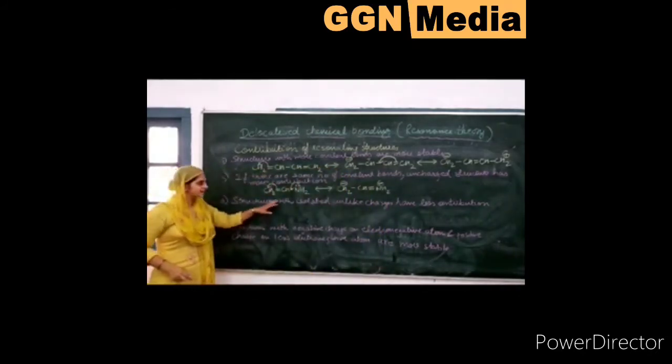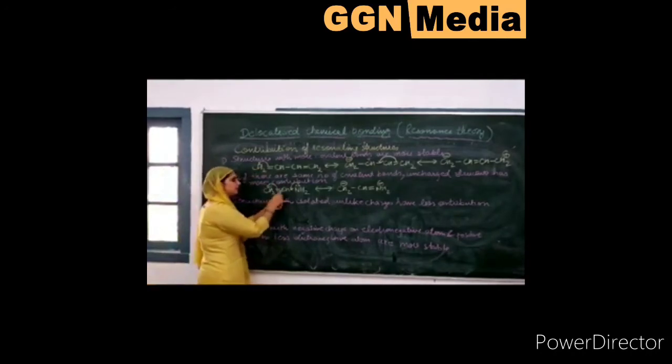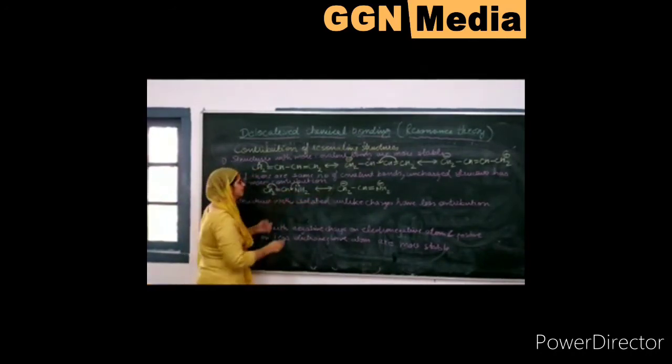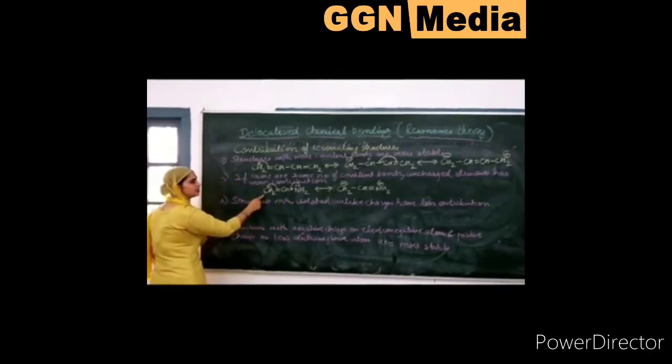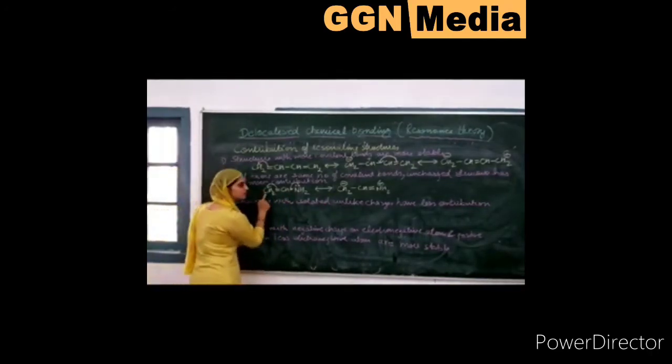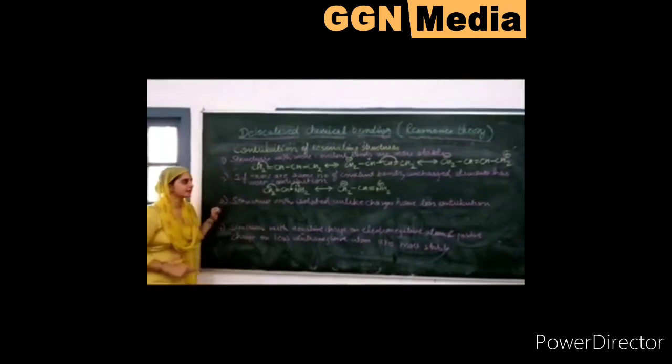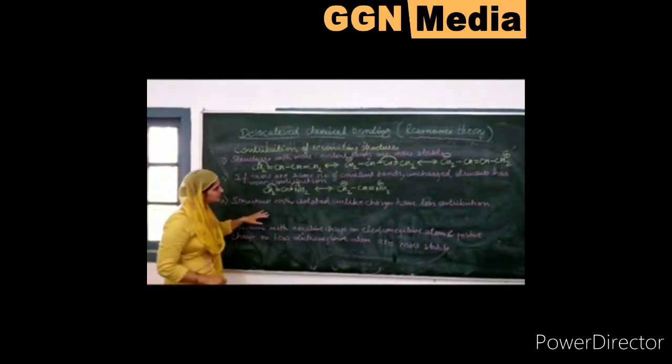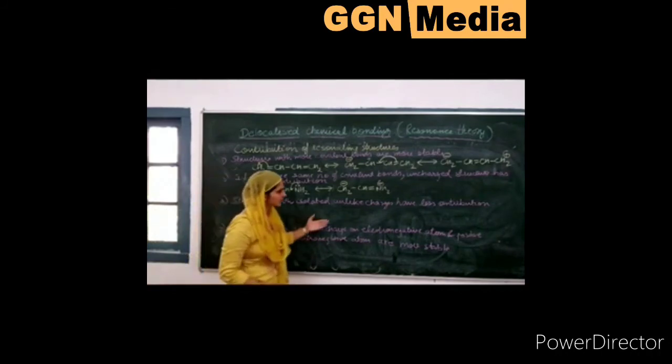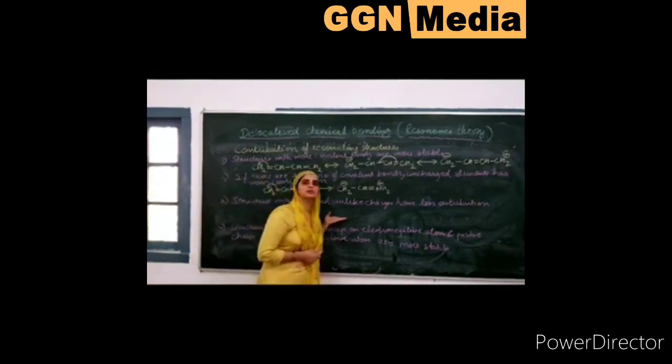So in this case, both these structures have the same covalent bonds, but this structure is uncharged, so it will contribute more towards the resonance hybrid. Third point, structures with isolated unlike charges have less contribution.